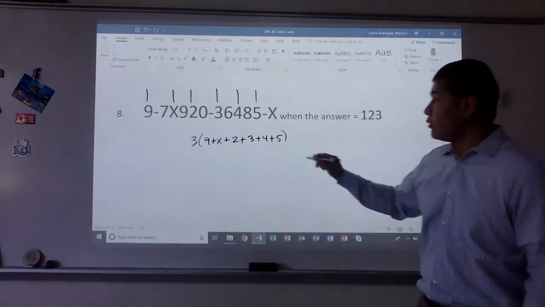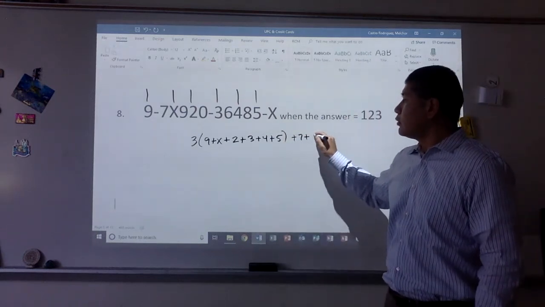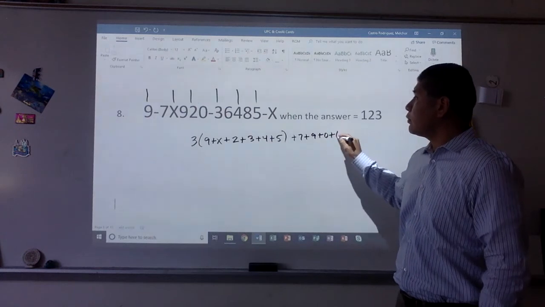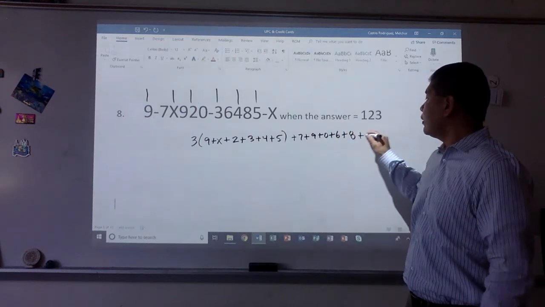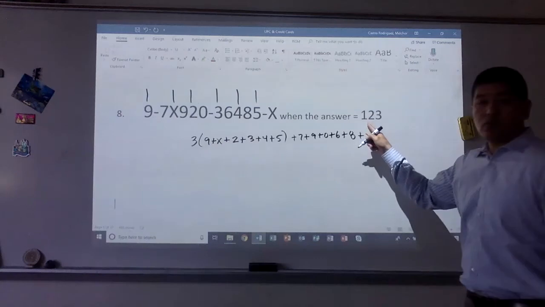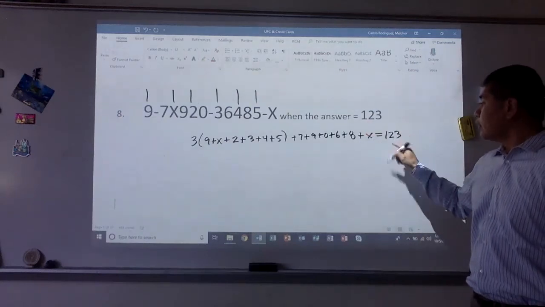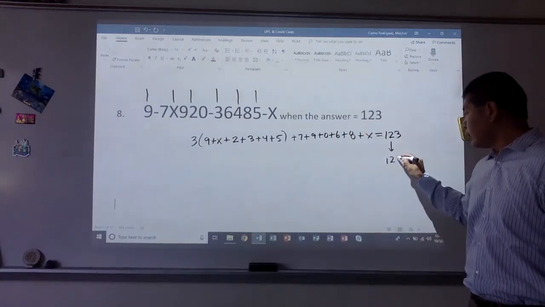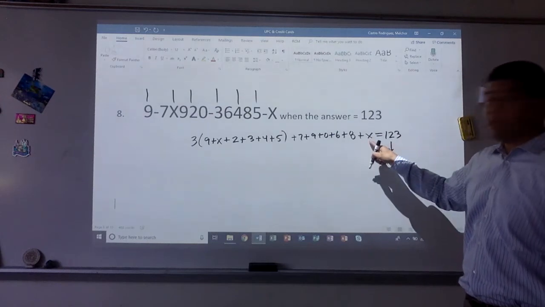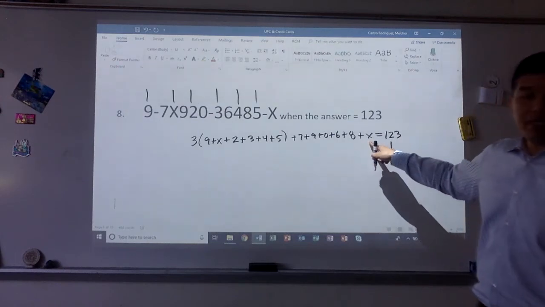Now I do the remaining numbers. 6 plus 8 plus x equals 123. Bring this down. Not only that, but I have 1x here. But keep that in mind that it's only 1.